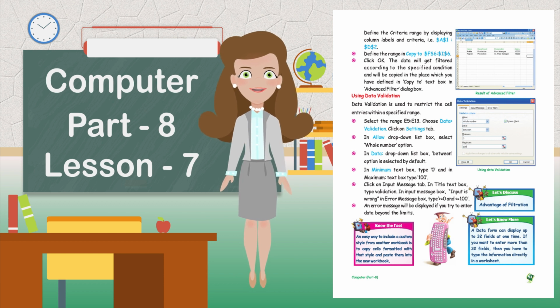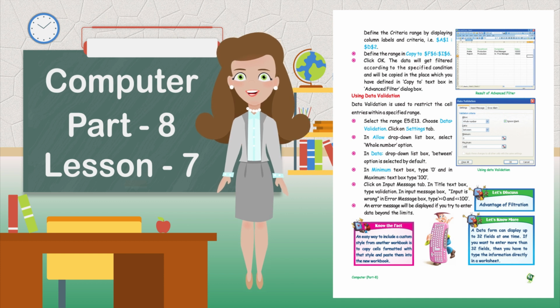Define the range in Copy to as $F$6:$I$6. Click OK. The data will get filtered according to the specified condition and will be copied in the place which you have defined in the Copy to text box in the Advanced Filter dialog box.